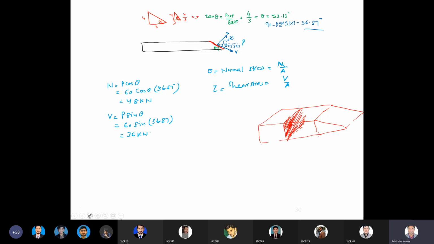But you see, we need to find the area of this inclined shape, क्योंकि हमें स्ट्रेस इज इंक्लाइन पे फाइंड करना है. Now tell me, how should I find the relationship between these two?